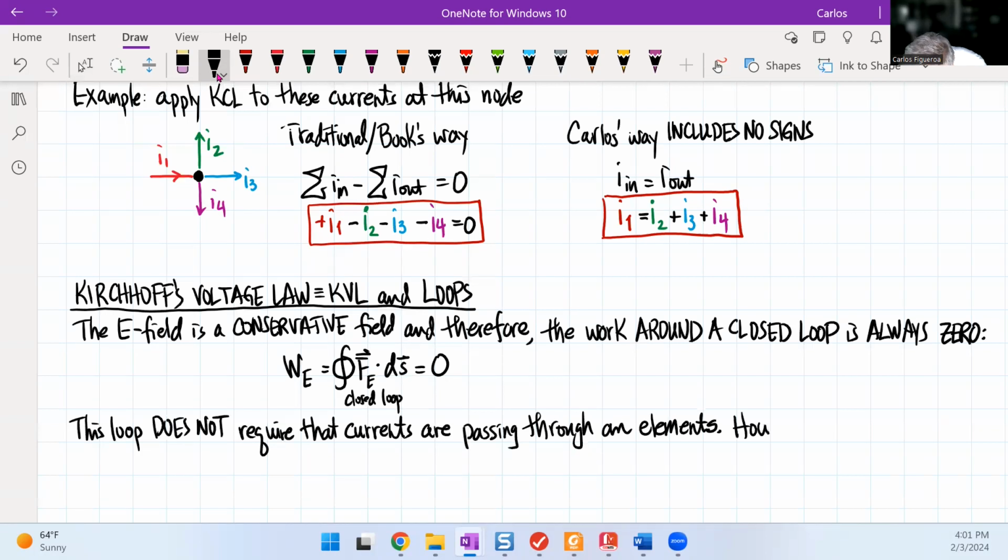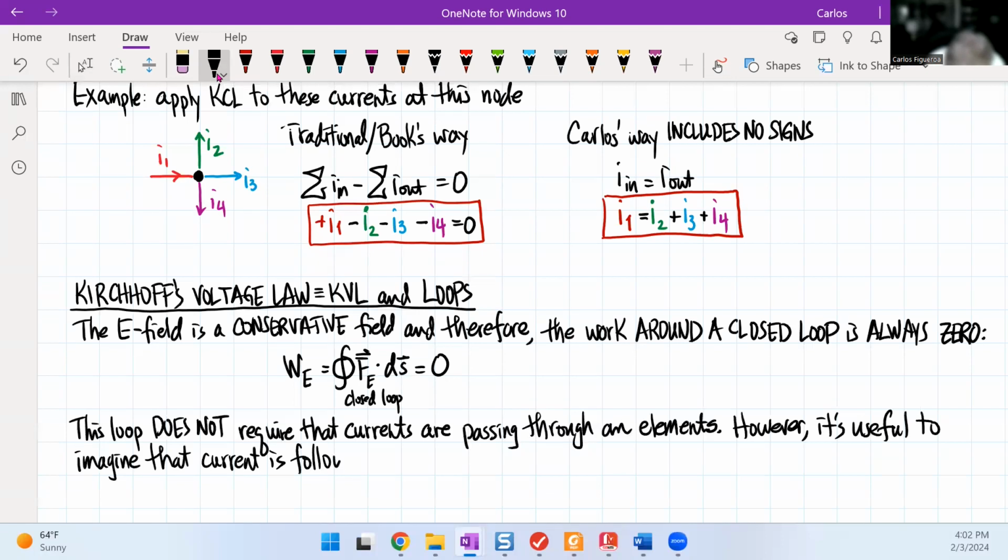However, it's useful to imagine that current is following the chosen loop.